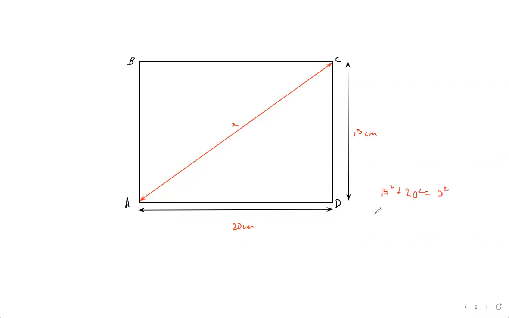Let's call that X. 225 plus 400 is equal to X squared. So X squared is equal to 625. X is equal to the square root of 625. So our distance AC is 25 centimeters.